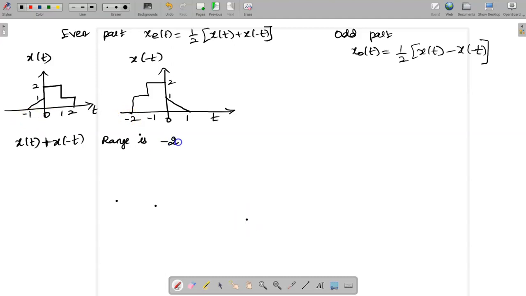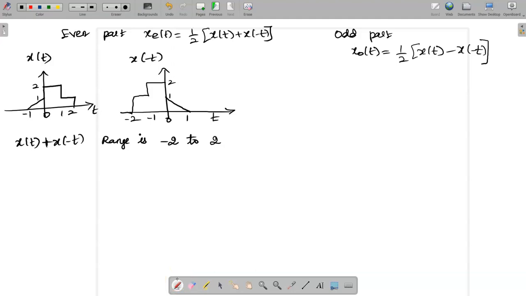Minus 2 is lower, so from there we start on the negative side, and for the positive side, whichever is higher, up to that the limit will be. So 2 or 1, 2 is higher, so up to 2. Okay, so the range of x of t plus x of minus t is minus 2 to 2.